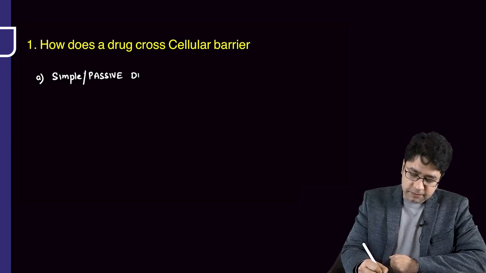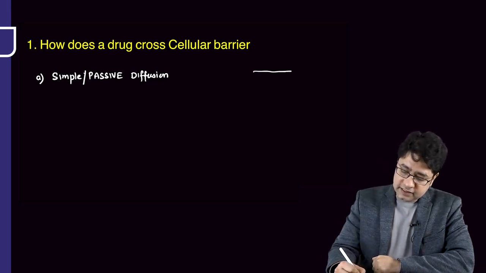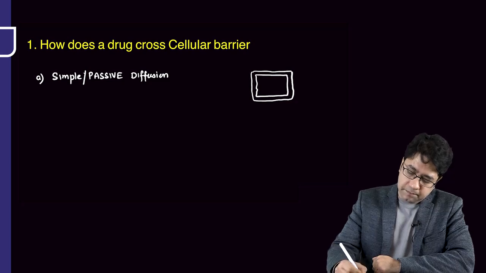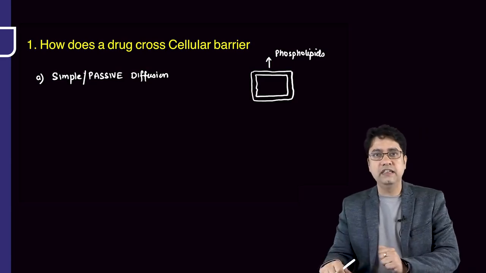So this is the first method of crossing a cellular barrier. Now beta, you all know that this is our cell membrane, and our cell membrane is made up of phospholipids. That means lipids, it is fatty in nature or lipophilic in nature.